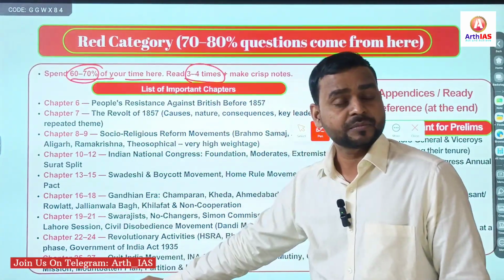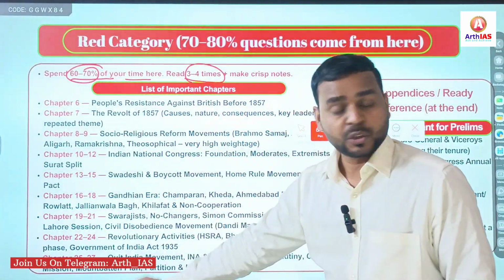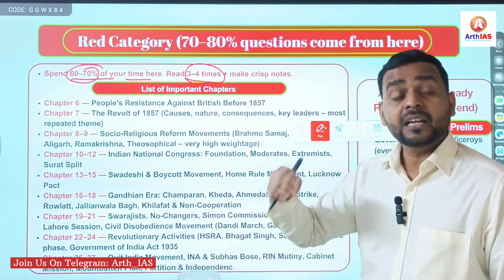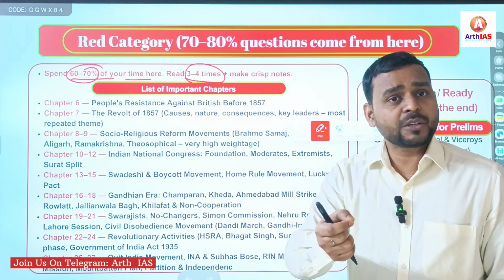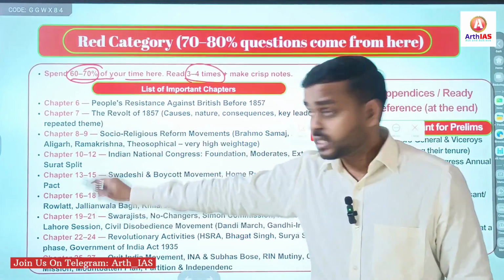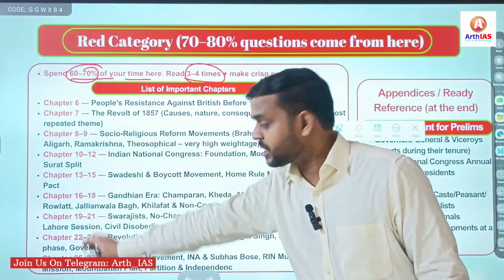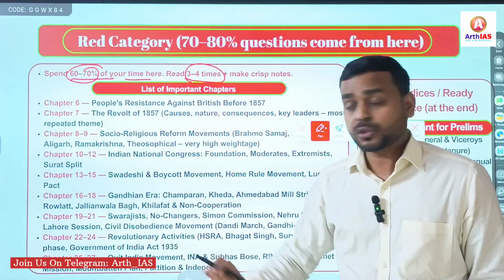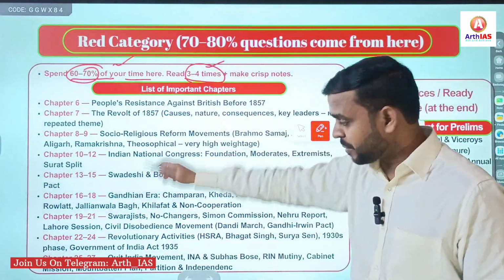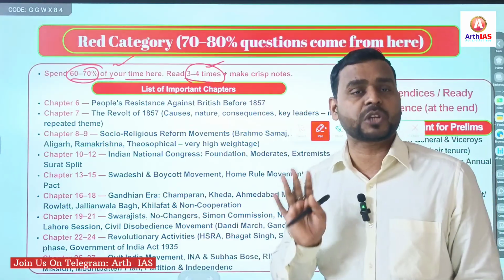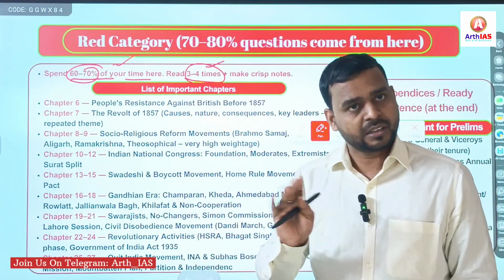And as I said, PYQs are very important, so go and solve PYQs and see that mostly 70 to 80% of questions come from these chapters. So invest 60 to 70% of your time and read these chapters at least 3 to 4 times before Prelims, right?